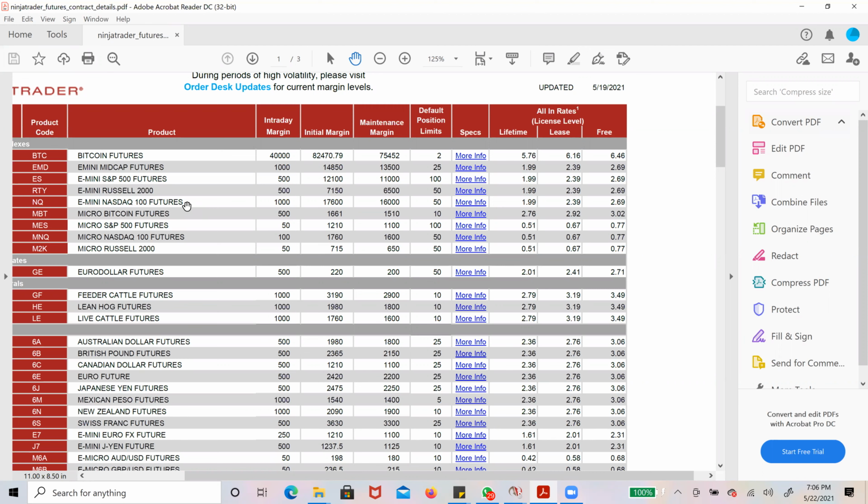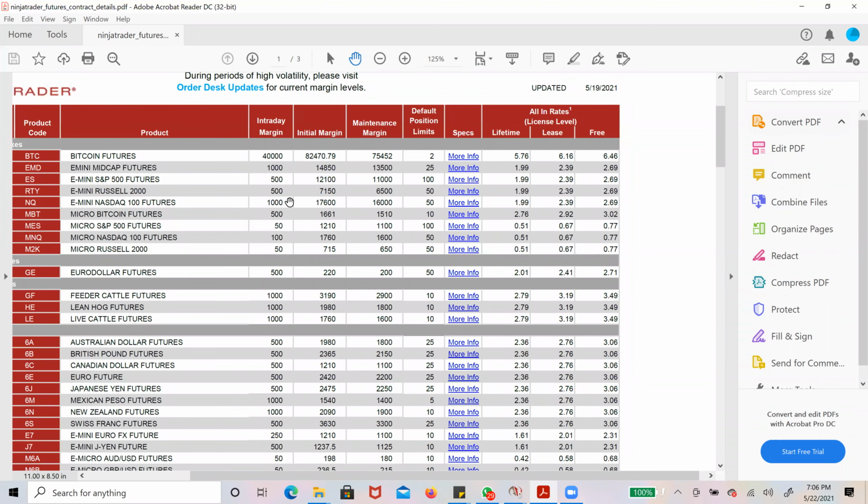I only want to do Nasdaq because it moves 30-40 points very fast, so I can make money much faster as well. Why Nasdaq? The amount you need in your account is only 1,000 USD. If your account has 1,000 USD, you will be able to trade futures.